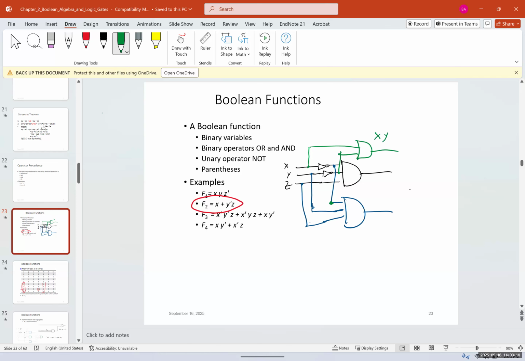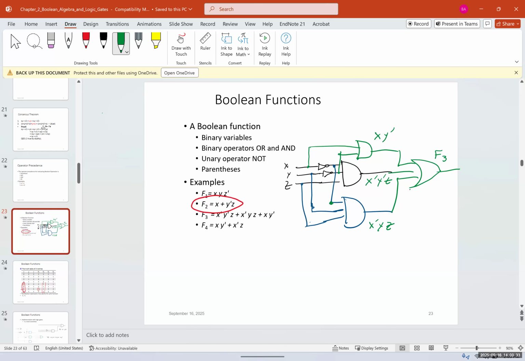So this is X, Y prime. This is X prime, Y prime Z. And this is X prime, Y, Z. And all of them are added together, and this gives me F3.